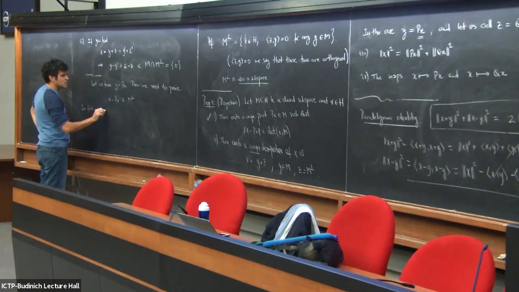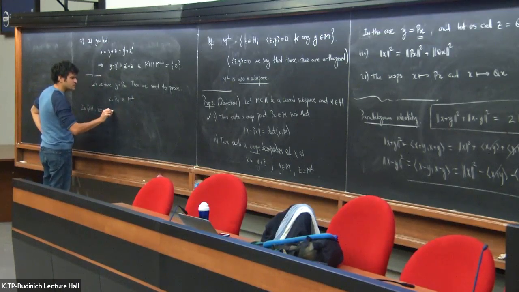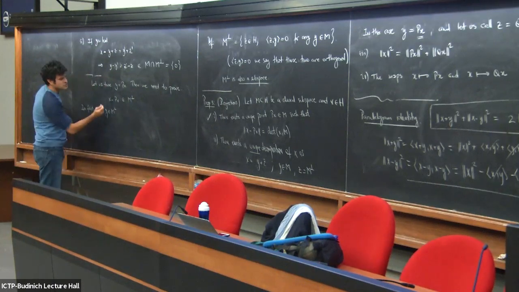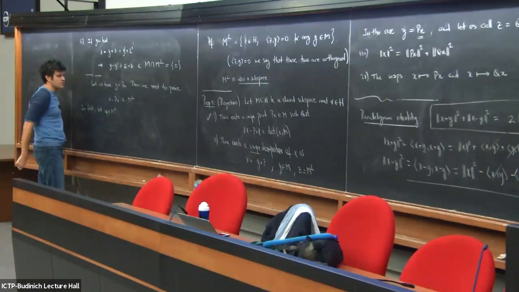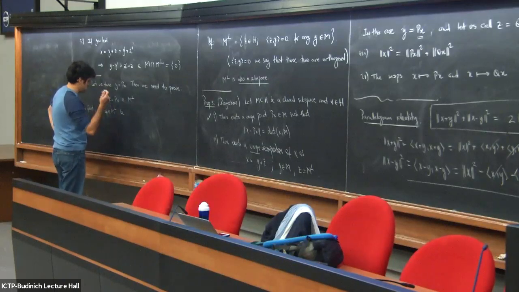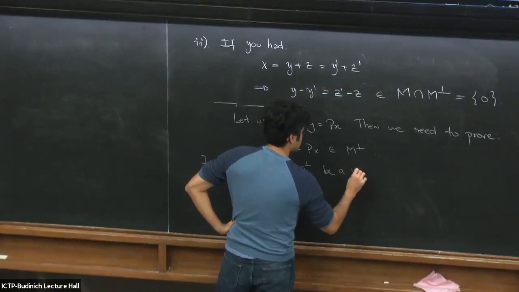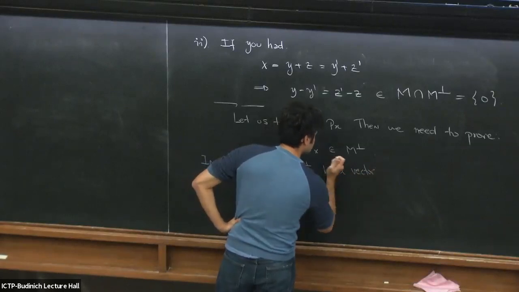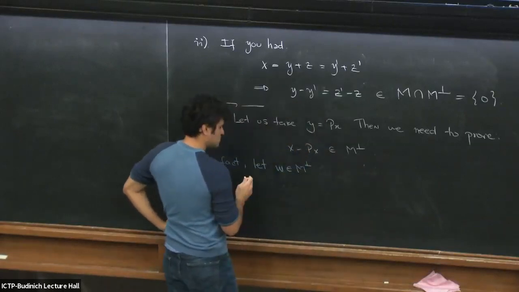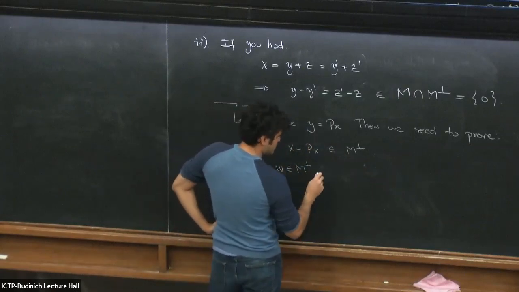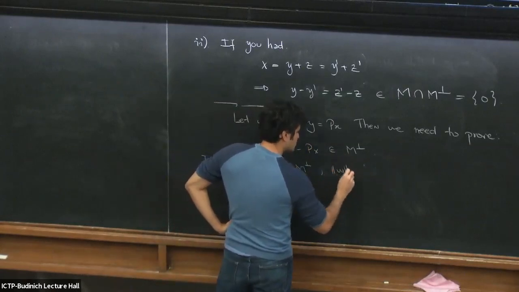Let W belong to M perp, be any vector. Okay, let W be a generic vector in M perp. Let's just assume that W has norm 1.